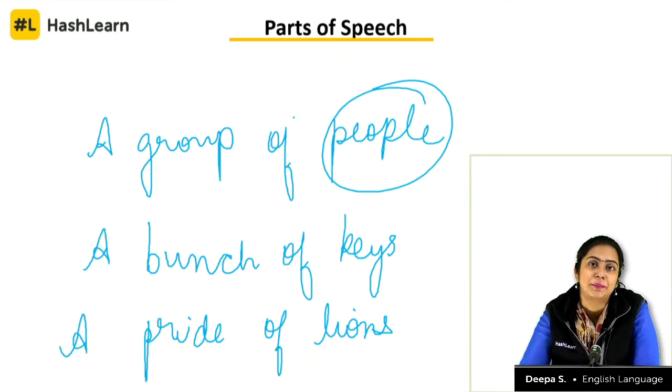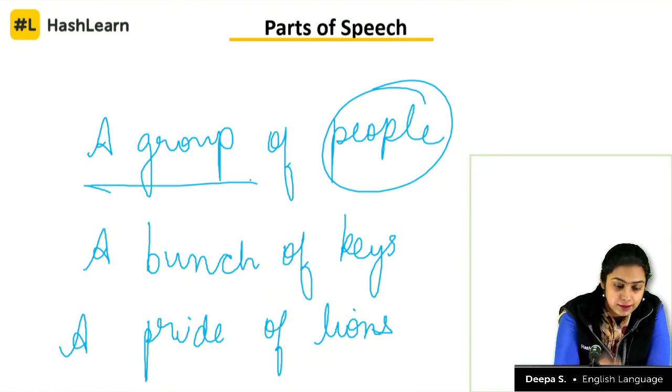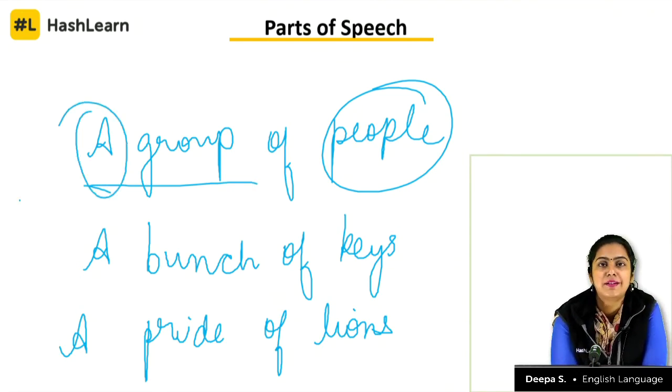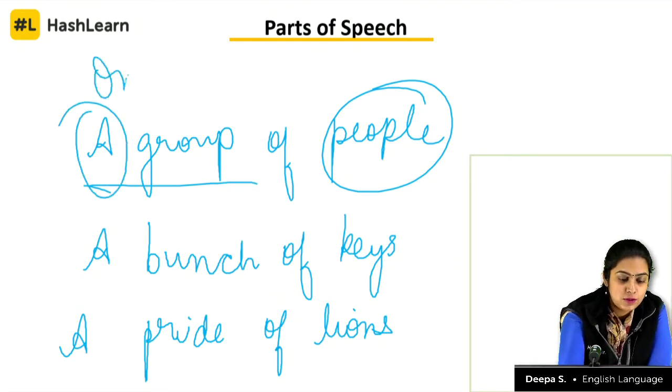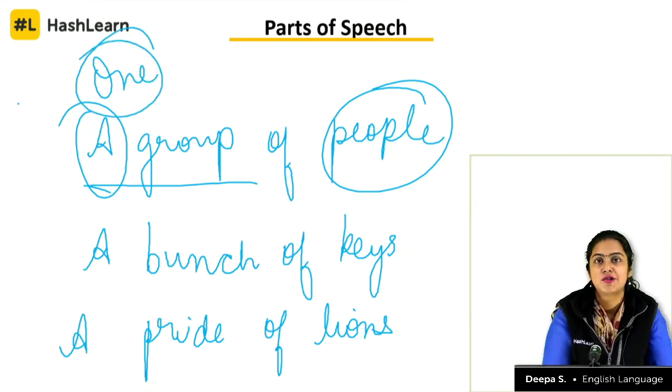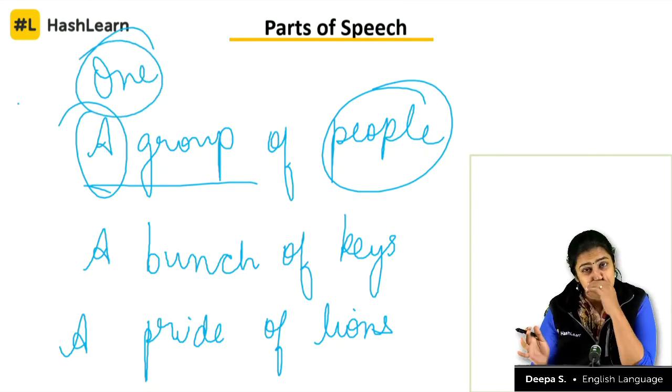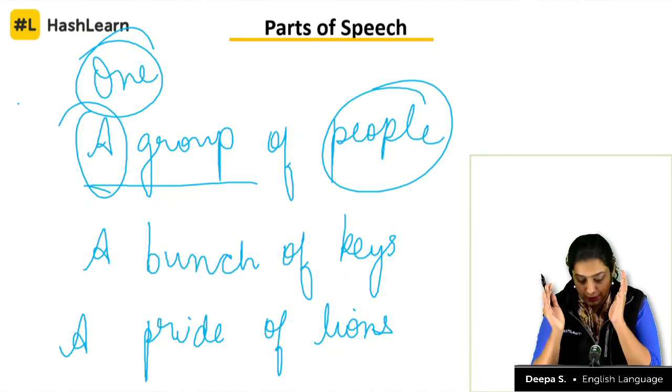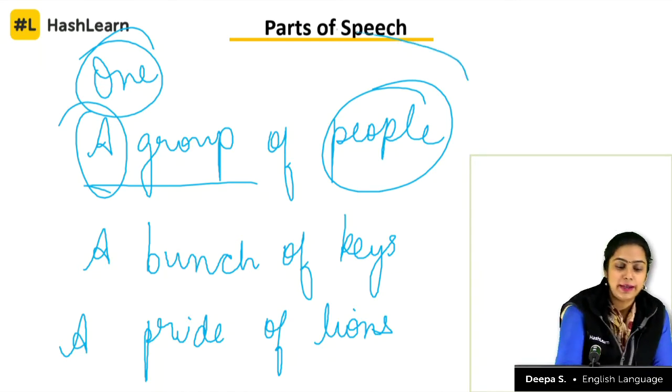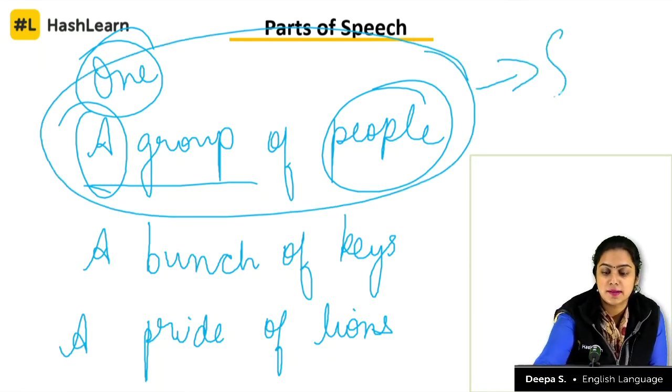You're talking about multiple people, multiple persons. A group of people denotes one. You put all these multiple people in one group and call them one single entity. So the entire phrase becomes singular.